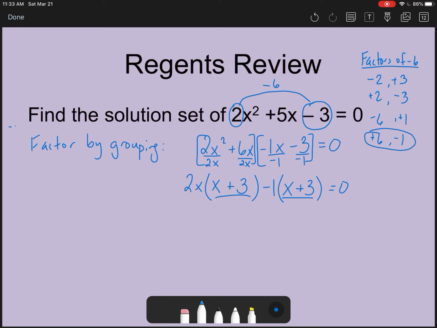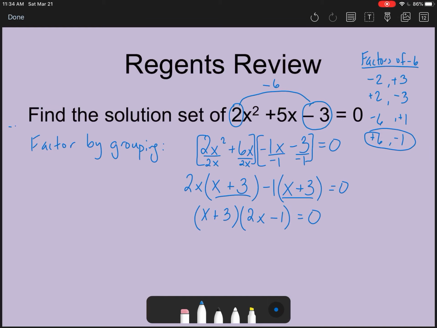At this point, what we have in both sets of parentheses, remember that's our overall GCF. We're going to only write it once, and leftovers go into a second set, 2x minus 1, set that equal to 0.